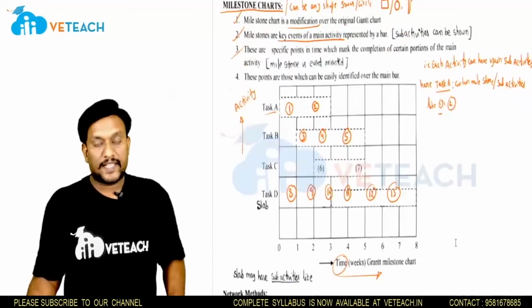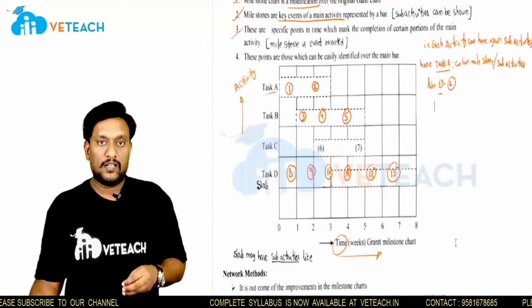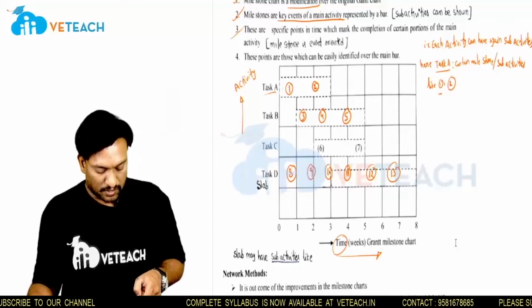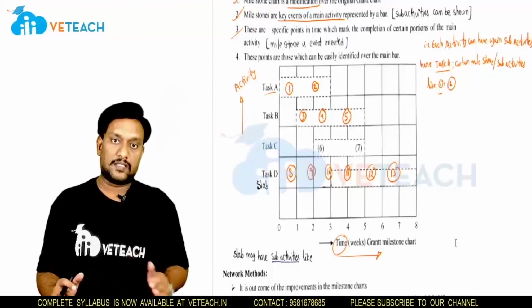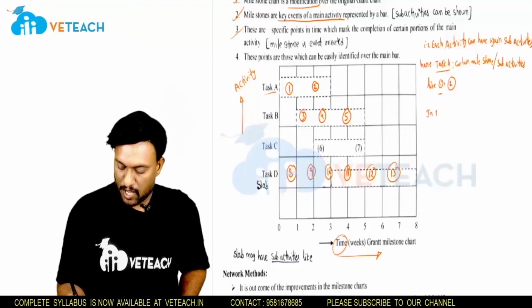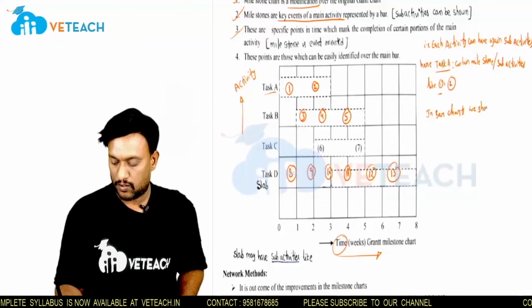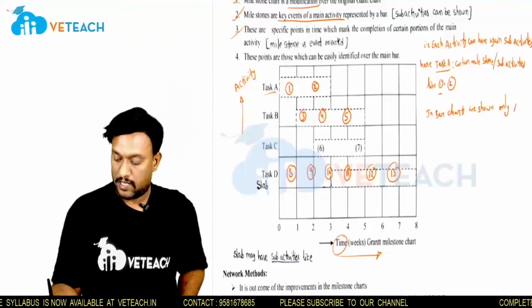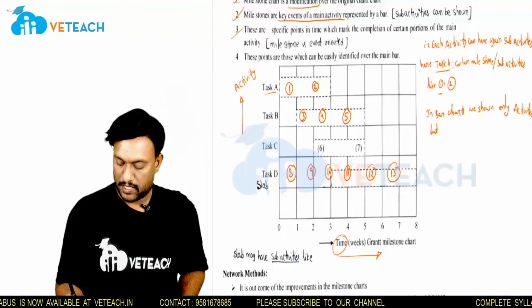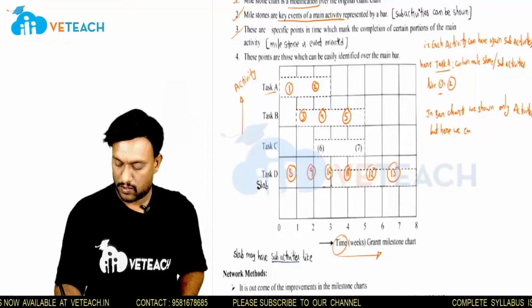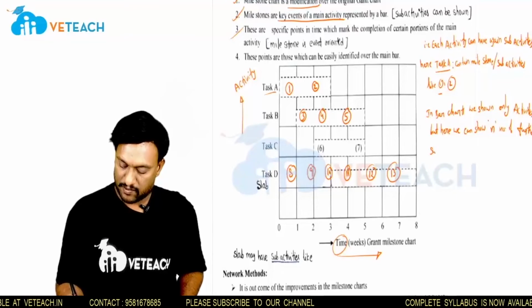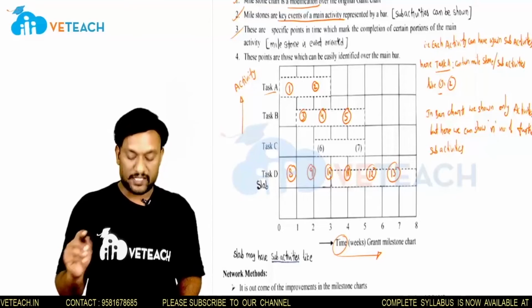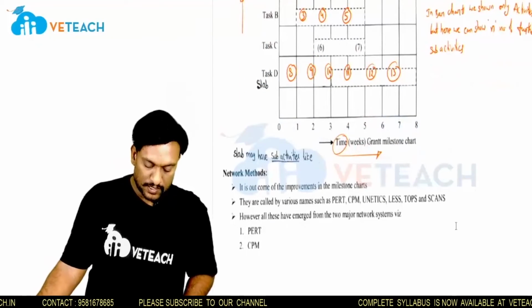In bar charts, we have shown only task A, task B, task C, task D. But here, n number of further sub-activities are shown. In bar charts we showed only activities, but here we can show n number of further sub-activities. That is the advantage of this. For example, take slab.